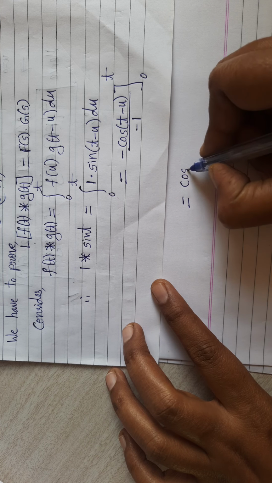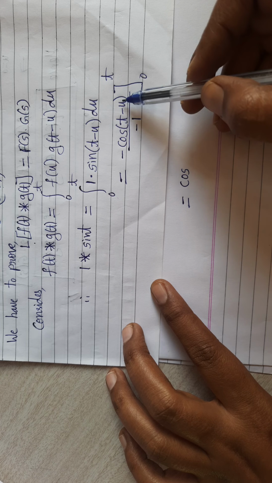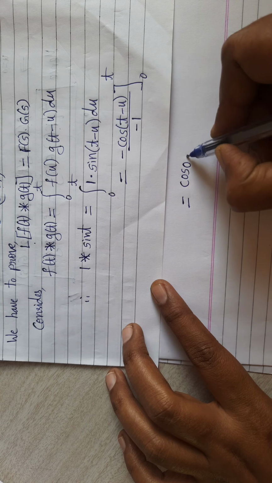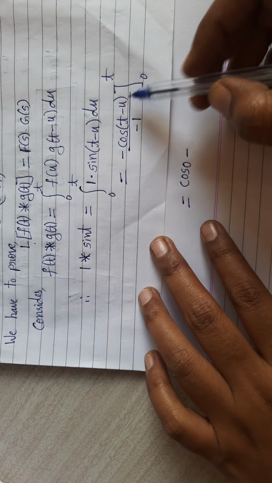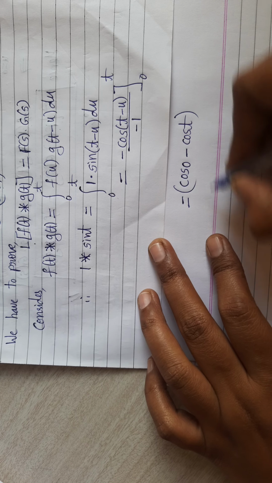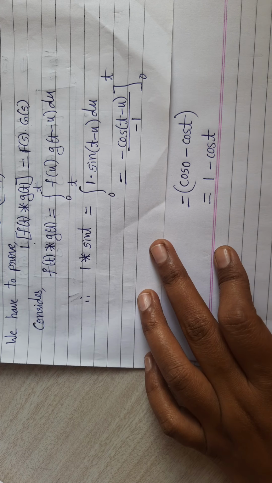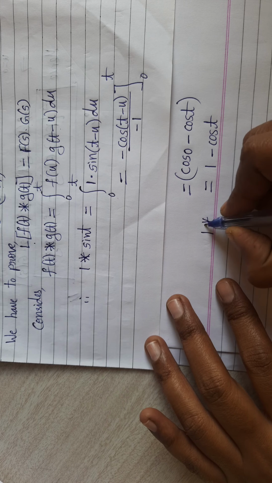Substitute the upper limit, replacing u by that limit: u replaced by t gives t minus t, that is 0, so we get cos 0. Then minus, substituting the lower limit u by 0, we get cos t. Cos 0 value is 1, and minus cos t as it is. So this is 1 star sin t.